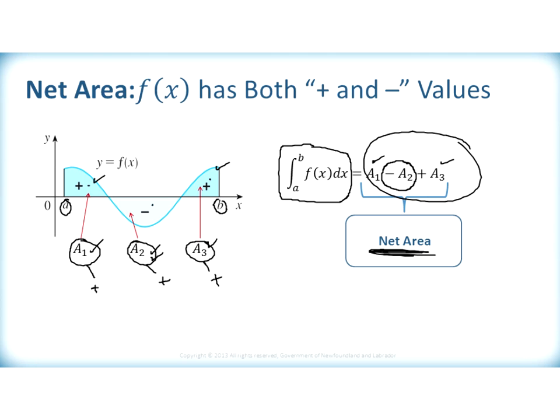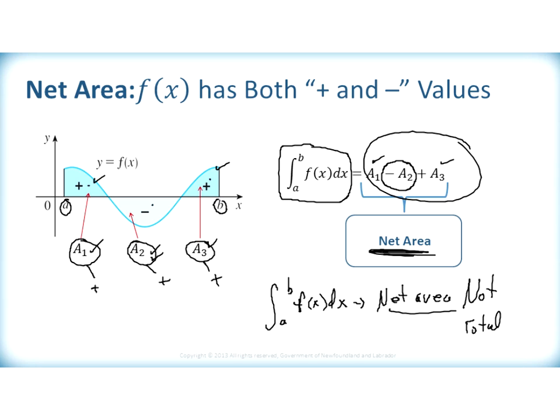So the definite integral, the integral from a up to b of f of x dx, always computes net area, not total area. If we wanted total area, counting all the areas as what they really are, which is areas, and call them all positives, we're going to have to split things up and account for bits and pieces differently.